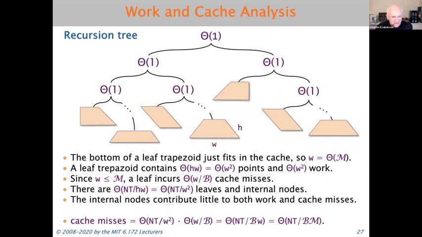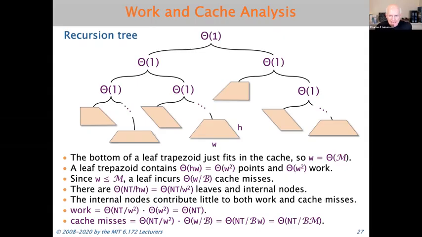So the work is just the number of leaves times the work for each leaf, which is NT over W squared times theta W squared. Well, that's just theta NT. So no surprise there. The work is going to be the same as the looping algorithm. We're computing on each point once, and you've got a tree that's got constant size in the nodes, so it's not contributing anything compared to the leaves.